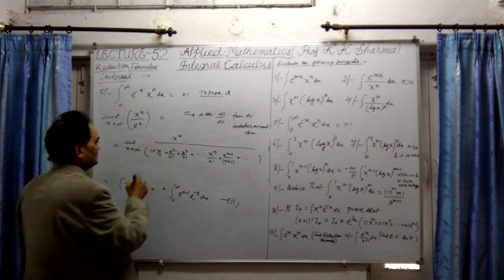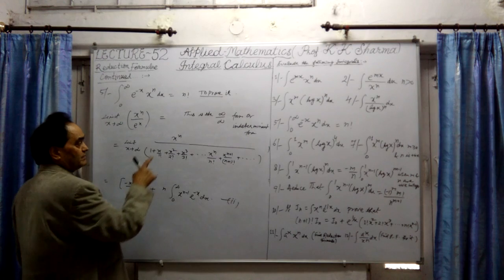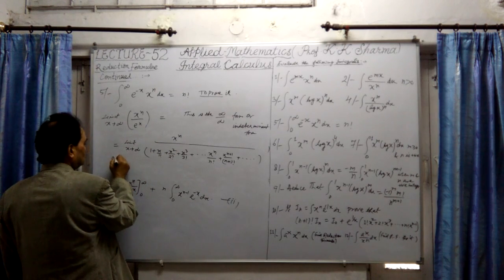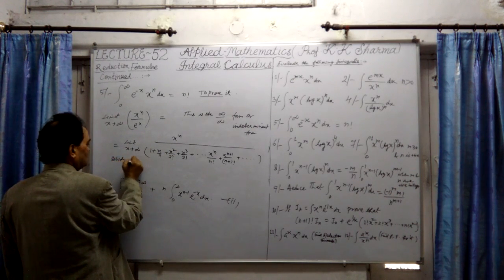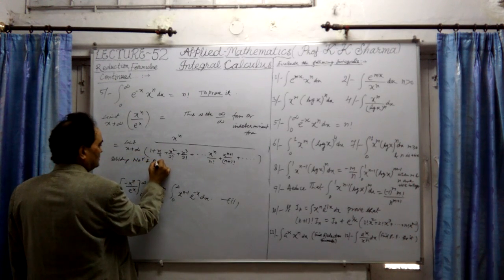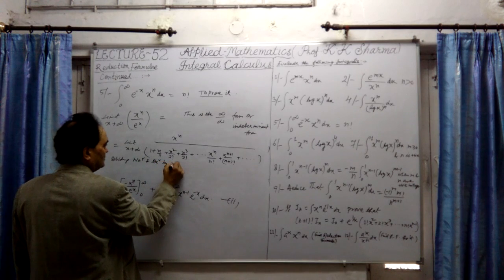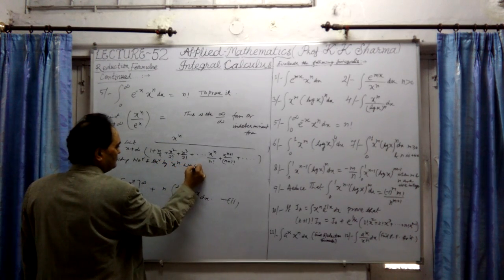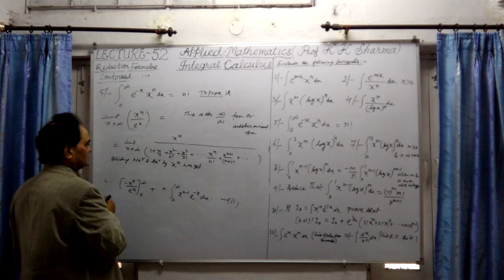Now let me divide the numerator and denominator by x raised to the power n. What do we get here?